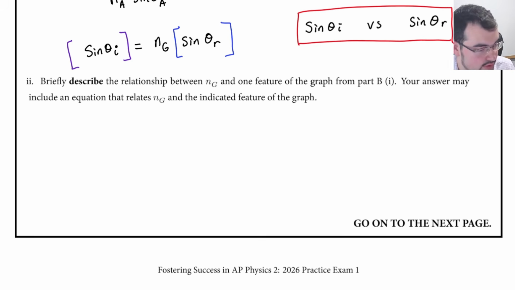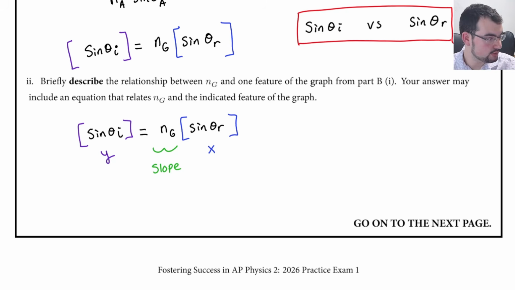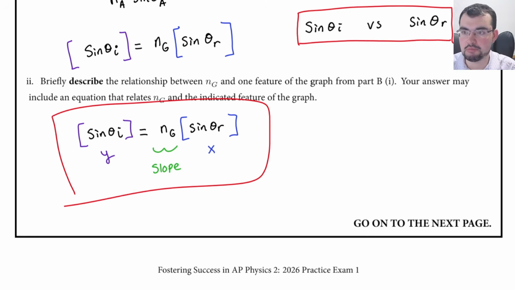So notice that if I do this, where we have sine theta I equals n_g times sine theta R, we said sine theta I was our y, sine theta R is our x, so this means n_g is our slope. So this actually earns B1 and B2. If you just wrote this, which I think is the best response, you get both B points.